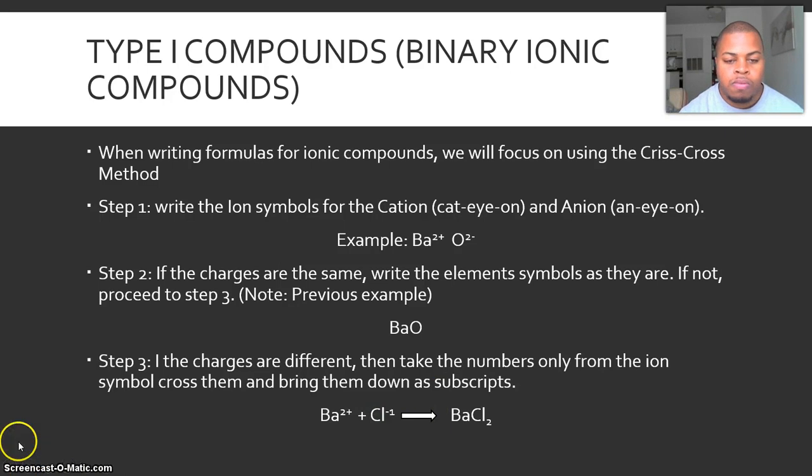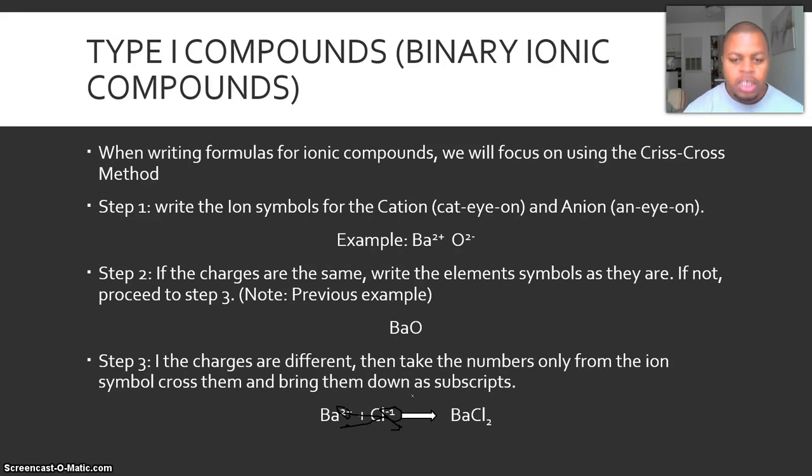So, taking the 2 and the 1, we're actually just going to allow them to switch places. This allows us to see how we actually balance out the charges. And if you can tell, we actually are taken care of. We have 2 chlorine for every 1 barium.